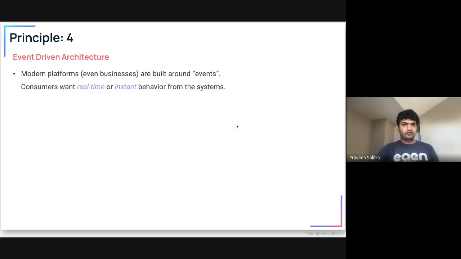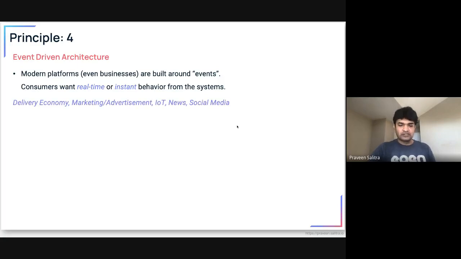But if you look broader, most of the modern platforms that you have, and even businesses, are built around this concept of events. Your consumers or customers want real-time and instant behavior from the systems, right? Think about placing an order on Uber Eats or Swiggy or anything. You place an order, that's an event. The order is received by a restaurant, that's an event.